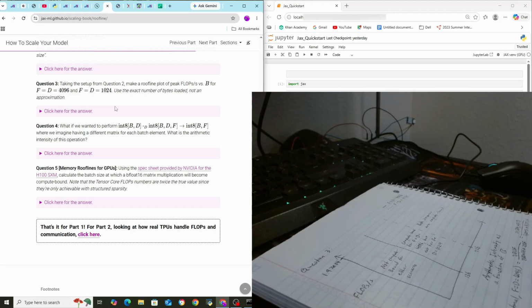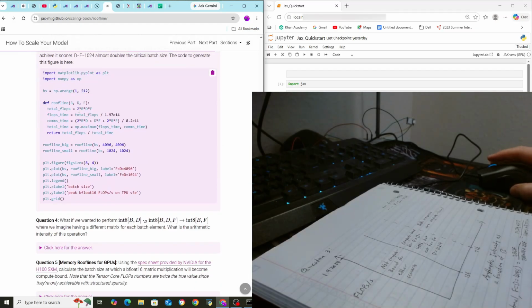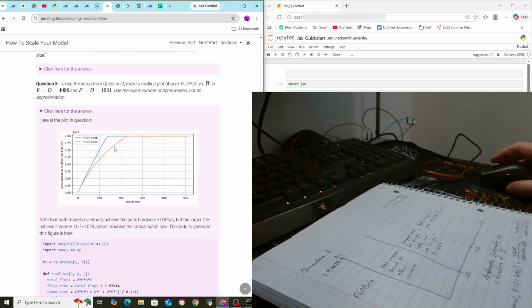We could just free ball it, but I'm pretty sure they have an actual one. Yeah, they actually put it in here. Range from 1 to 512. Roofline total flops time was total flops divided by comms time, total time, returning total flops divided by total time.